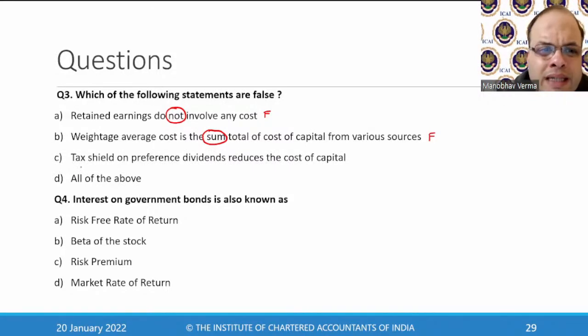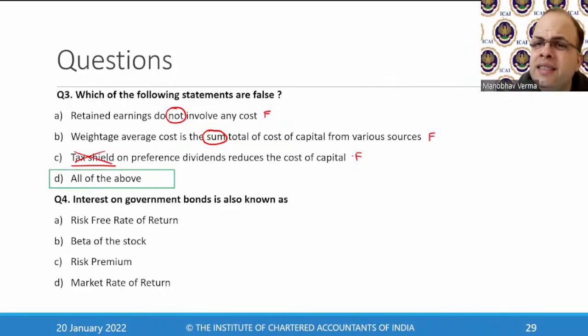So the tax shield is not there on the dividend. So this is also false. So the correct answer is D here, guys. For question number 3, you need to be careful. I think most of you got it wrong. Vrinda said correct. Vrinda, you were spot on, but many students were wrong on question number 3. Please double check.